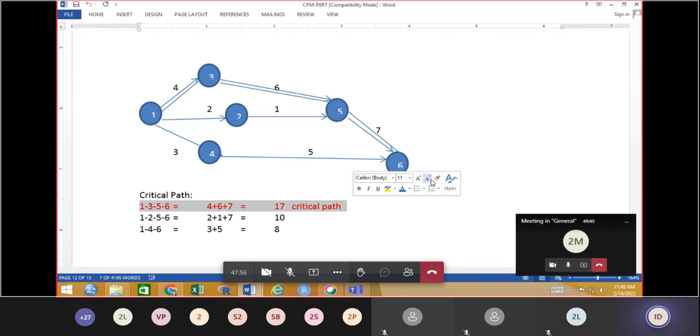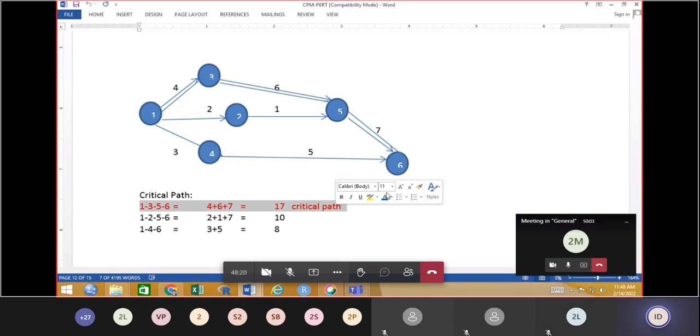Why not permitted? Because unless we finish the first activity, we cannot start the next activity. That is why we have to wait for that particular time. So the longest time is called the critical path, because if you follow this critical path, no activity overlaps.